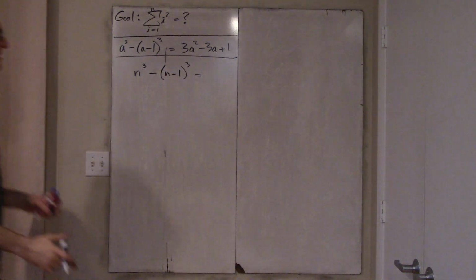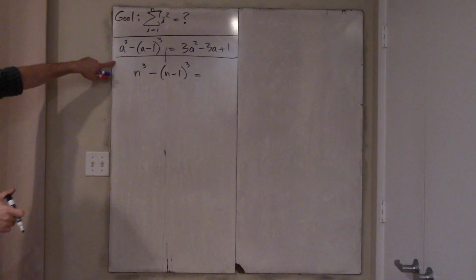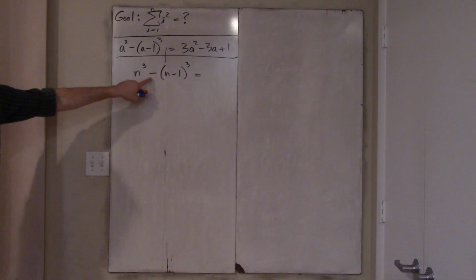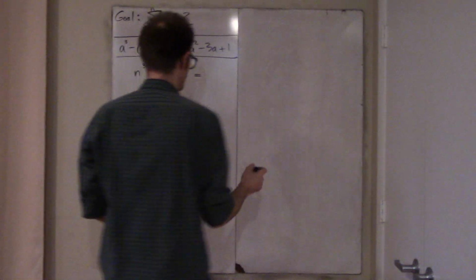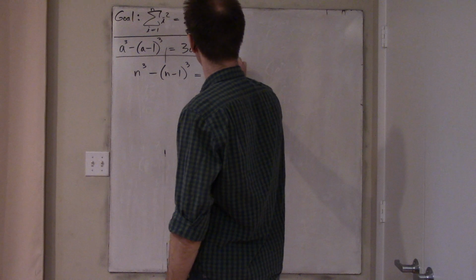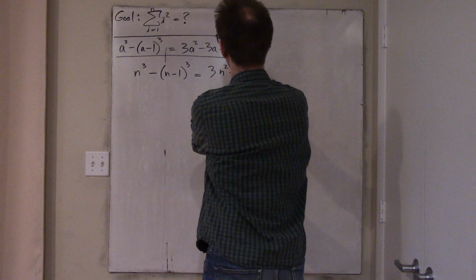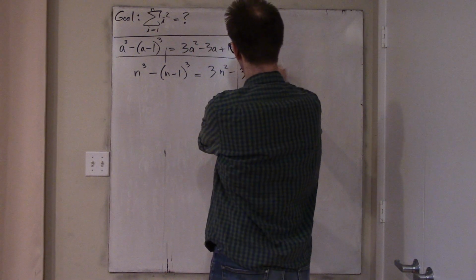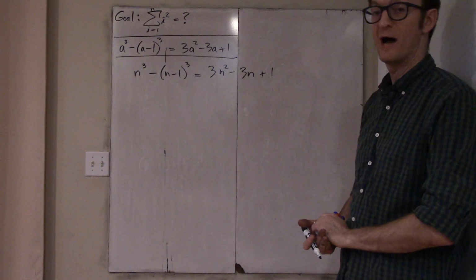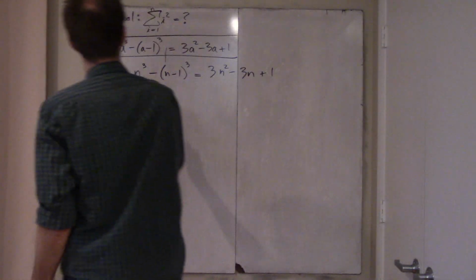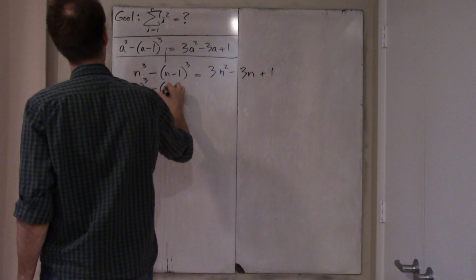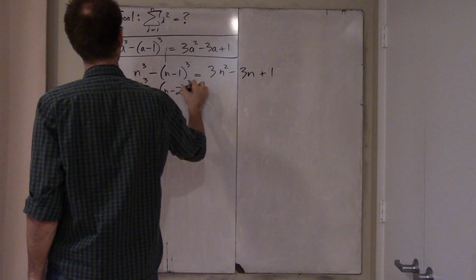Well, what is that? I just derived this formula here, which tells me that n cubed minus n minus 1 cubed is 3n squared minus 3n plus 1. Okay, great. Now, do it again, but go one less. So now, n minus 1 cubed minus n minus 2 cubed.